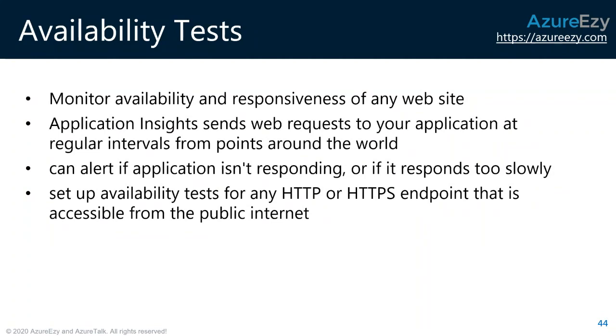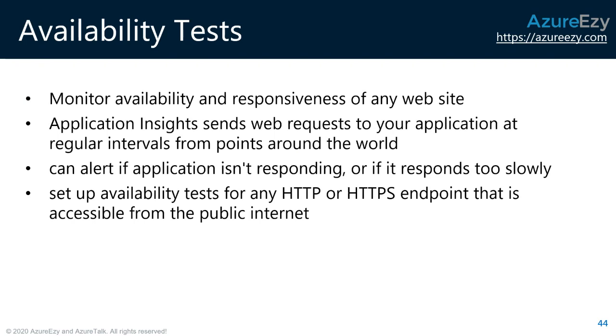Then there is something called the availability test. You can use this availability test for some kind of testing of your application. For example, you can use it for checking the responsiveness and the availability of any website. In this case, what will happen? The availability test will send web requests to your application at regular intervals, from around the world.